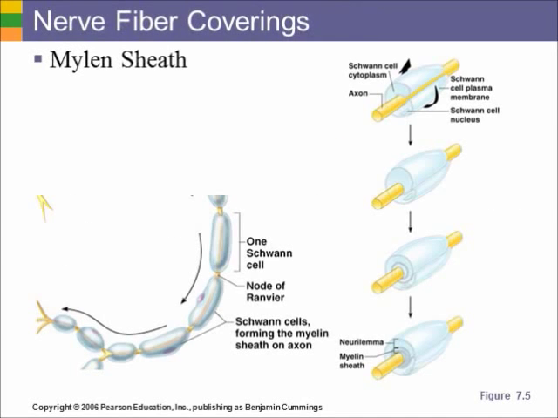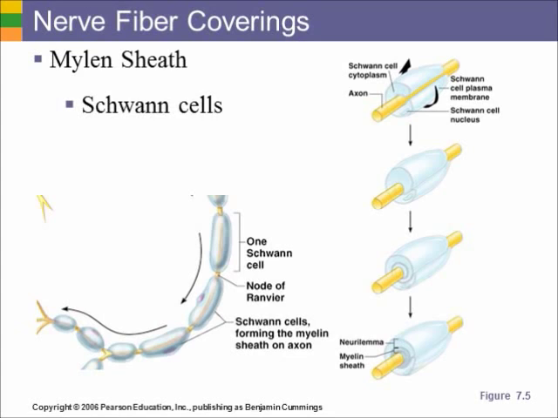Now, if you notice all those pictures, the axon was covered with a whitish material. That is called the myelin sheath. Now, the myelin sheath is made up of individual cells called Schwann cells. The way they work is this.